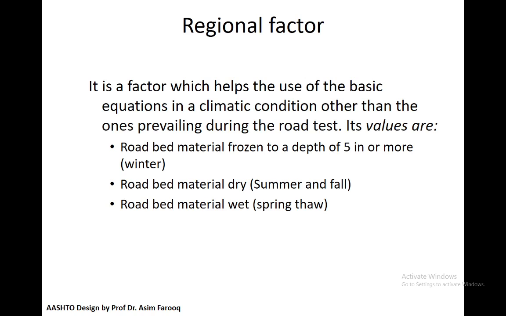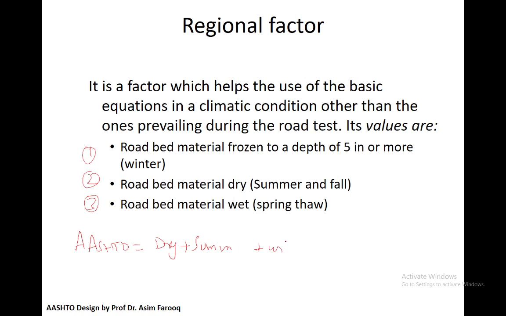The regional factor is the factor in which we consider the climate variation and climate condition, which we determine from the road test, such as the roadbed material frozen, when we have different types of conditions, such as in the Scandinavian countries, or specifically Russia, where we have completely frozen conditions, or when the temperature goes negative.